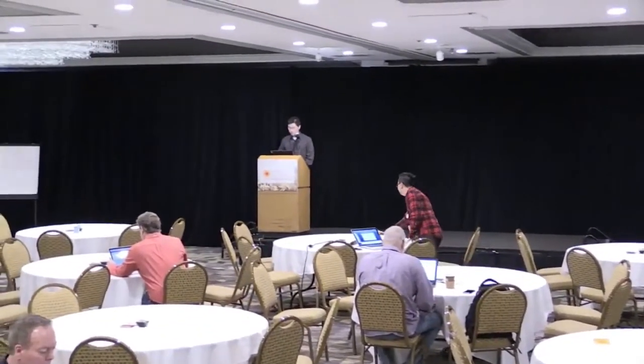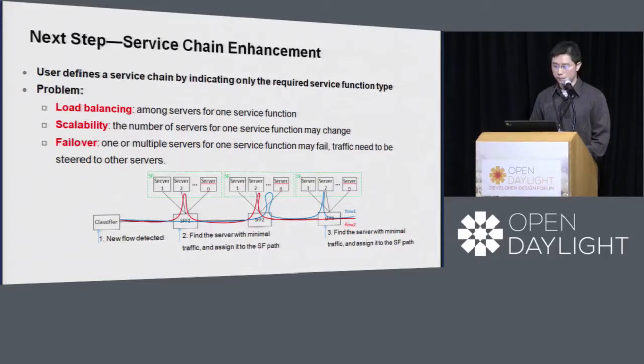Okay, another area that is in need of thought and research is service chain enhancement. The application, or let's say the administrator, places demands on the network service function without specific indications of things like load balancing, scalability, and failover. This is currently left up to the NEMO engine to provision and provide.